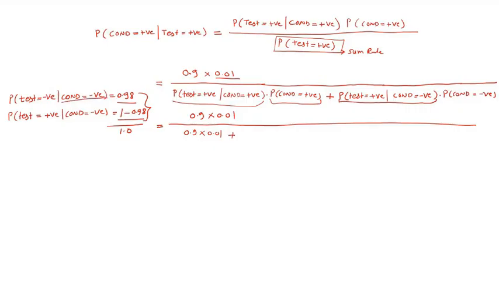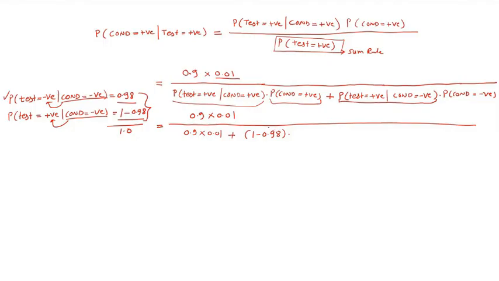Condition is negative in both the cases. I am finding the probability for negative here and the probability for positive here, so that the sum is always 1, and the first one is given to me in the problem itself. It is 0.98. So I can write here 1 minus 0.98 multiplied by the probability of negative condition.